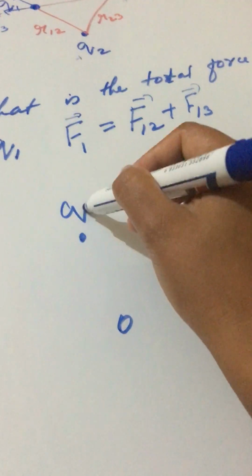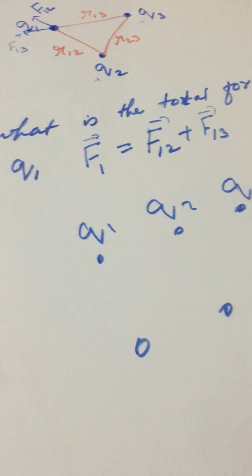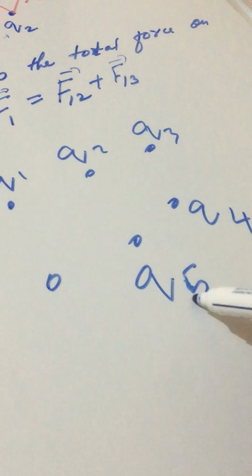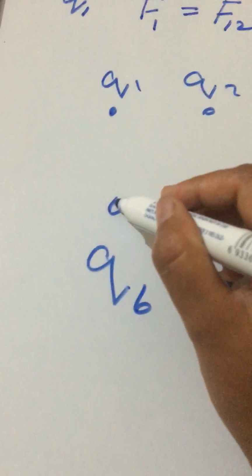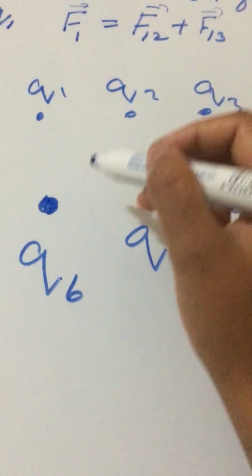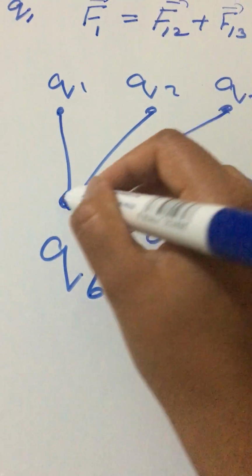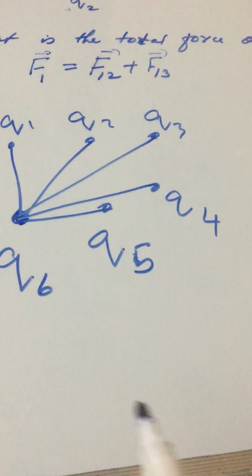Similarly, in a system, suppose there are so many charges, let me name them q1, q2, q3, q4, q5, q6. My writing will be bad, huh? Then suppose on q6, what would be the total force? On q6 the total force will be due to q1, q2, q3, q4 and q5, right or not?